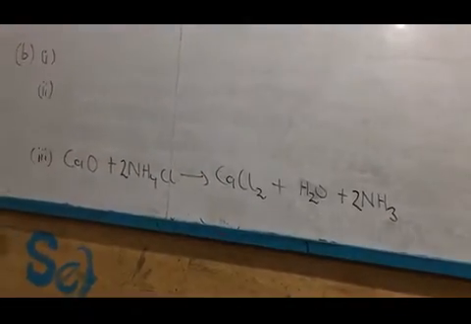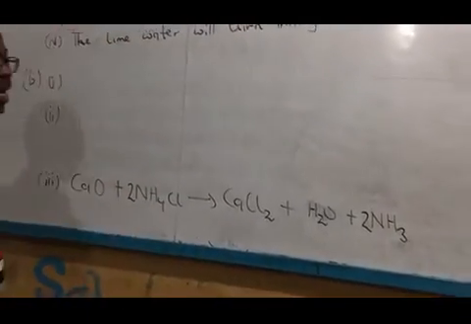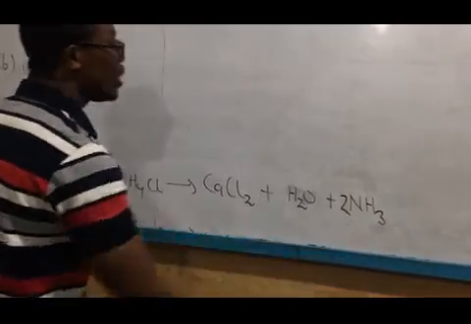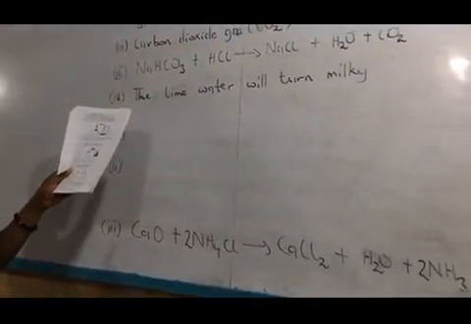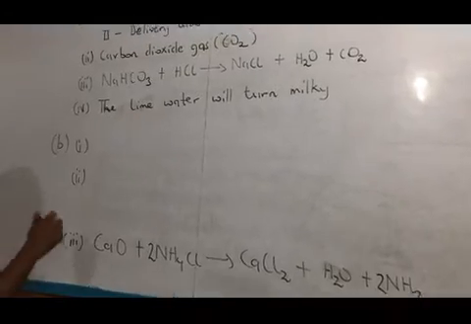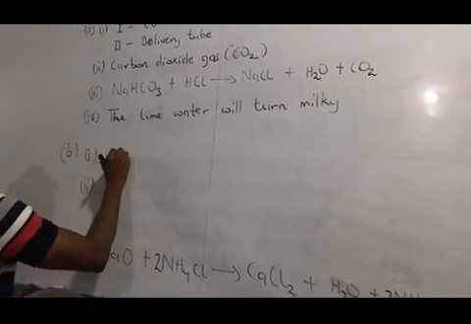So that makes the equation balanced. So from here, the gas that is produced is ammonia gas. Part I is asking to name the gas. So the gas is ammonia gas.